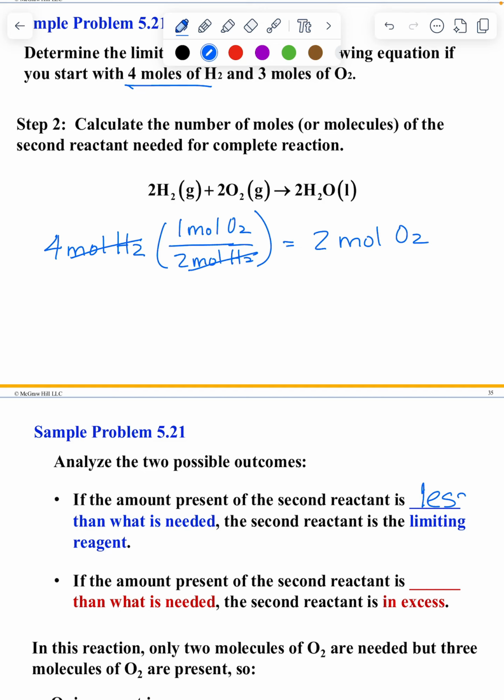And so when we take a look at that, it says in this reaction, only 2 moles of O2 are needed, but we actually started with 3 moles of O2. So from this, we can see that O2 is going to be in excess. We have more than we need.